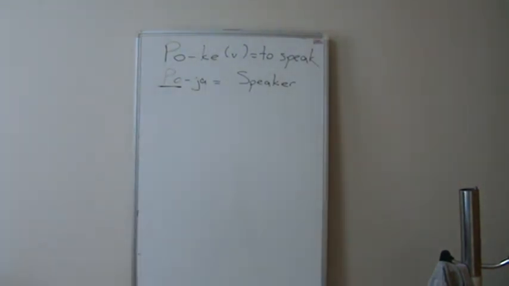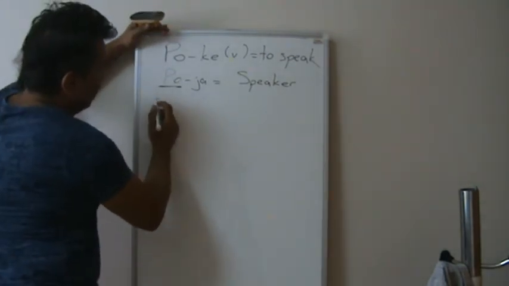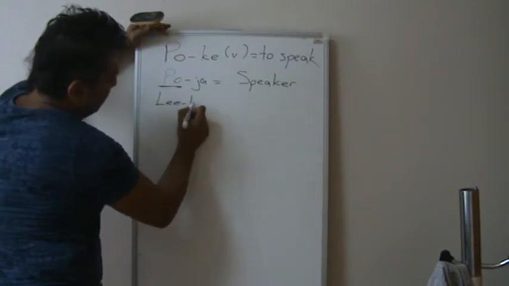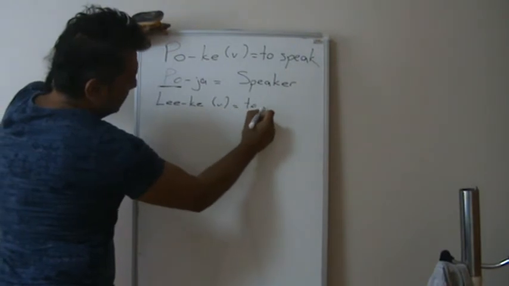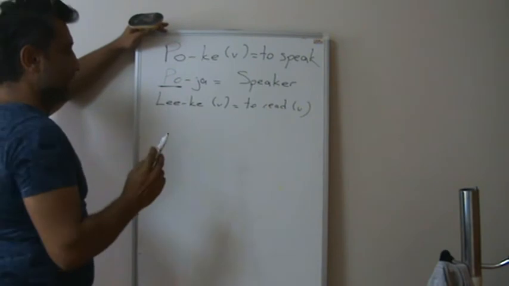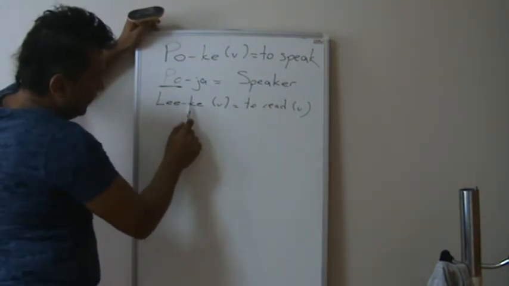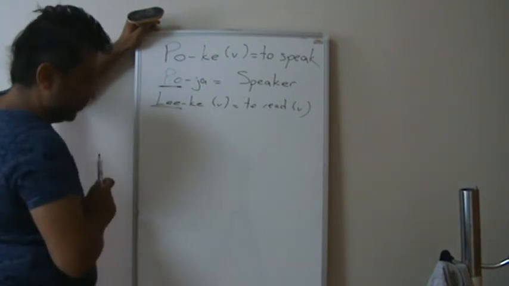Or, for example, if we go with the verb to read, leke. It's a verb. To read, right? So we simply find the verb root by omitting ke. So le is the verb root.